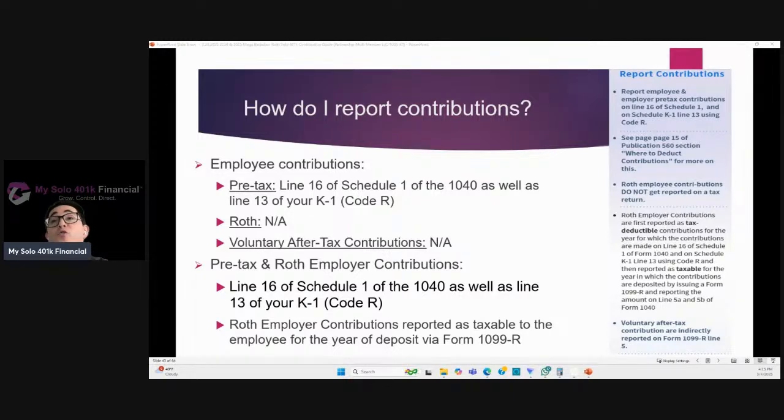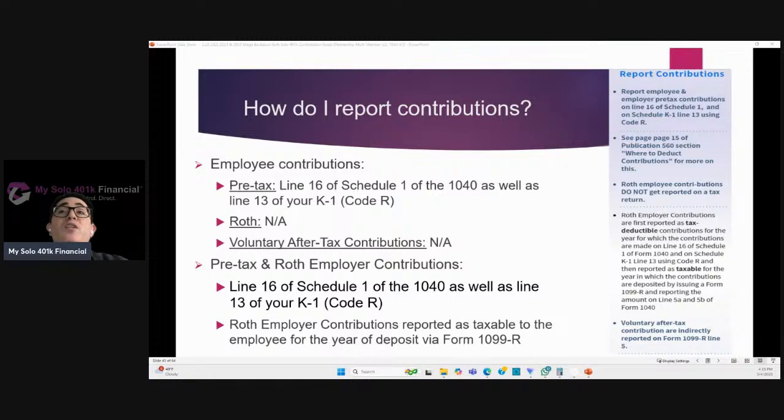SECURE Act 2.0 now allows plans to allow for Roth employer contributions, and our plan certainly does. Historically, employer contributions are always pre-tax contributions. But now our plan, like some other plans out there in the market, allows it. The discount brokerage firms don't offer plans that allow for employer contributions to be made as Roth contributions, but our plan certainly does.